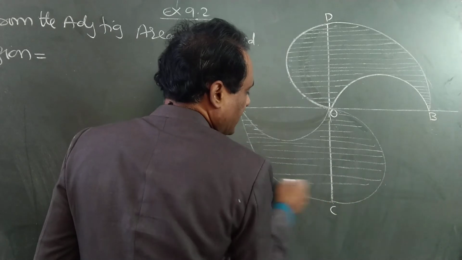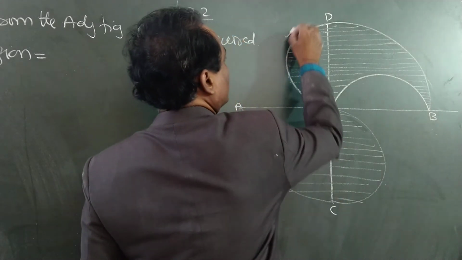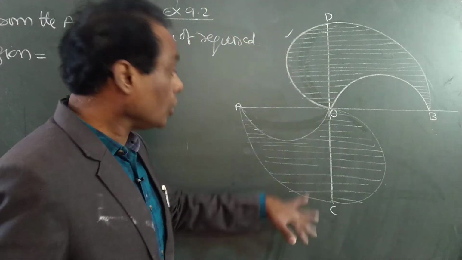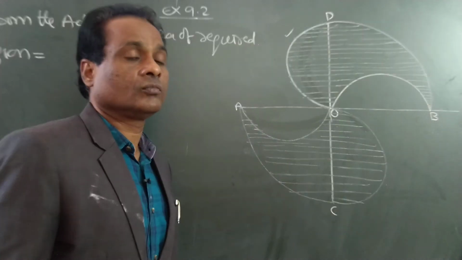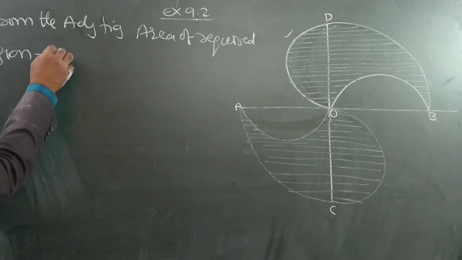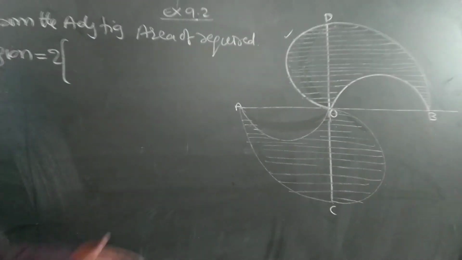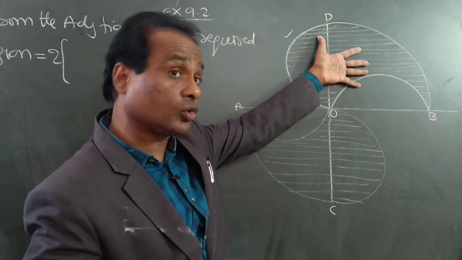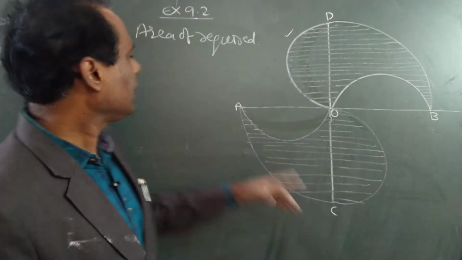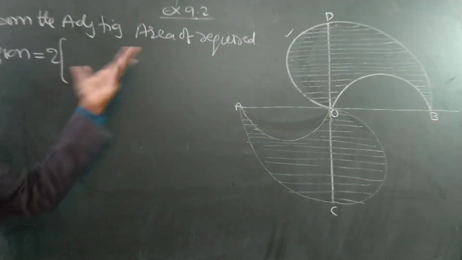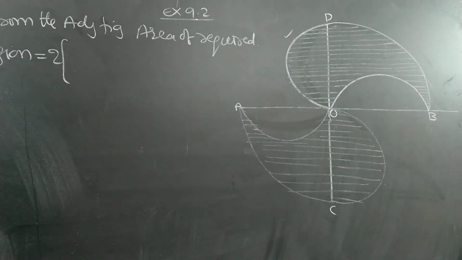For explanation, I will take only this diagram and multiply by 2, and we will get the total area. So we can directly write, instead of multiplying by 2 after getting the area, 2 in the beginning itself. That also we can do. Total is covered here.